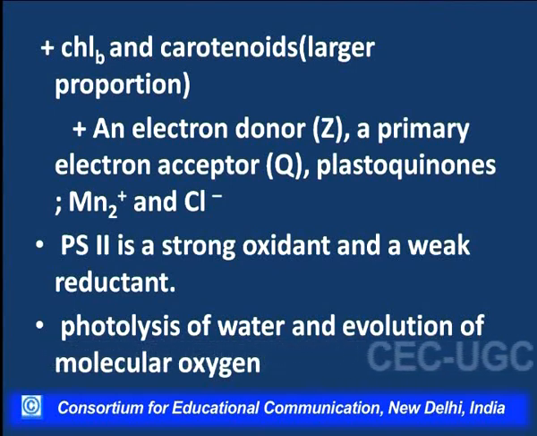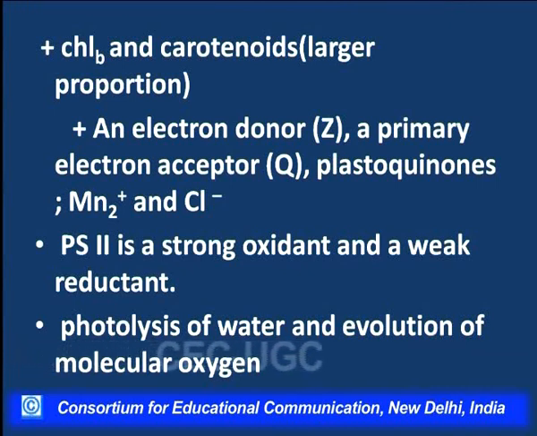In addition, there is an electron donor Z and a primary electron acceptor Q. The various plastoquinones, and this PS2 is rich in manganese ions and chloride ions. Contrary to PS1, PS2 is a very strong oxidant and a weak reductant.